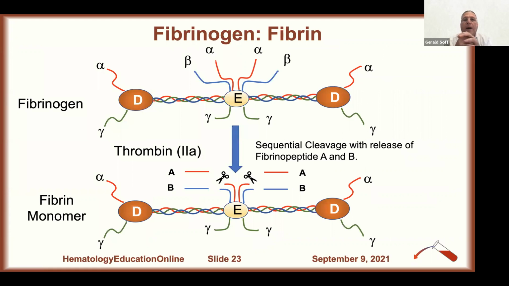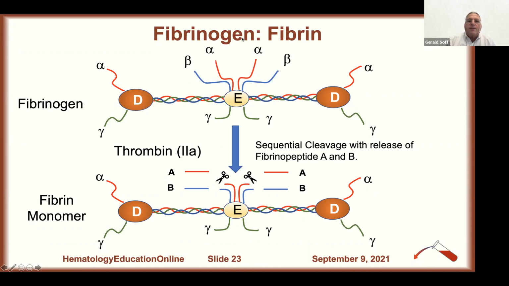At the other end, at the bottom of the coagulation cascade, we have the protein fibrinogen. Fibrinogen is a complex multimer of 6 peptide chains, 2 alpha, 2 beta, and 2 gamma, shown here in cartoon form. It's a long molecule with D domains at the ends and an E domain in the middle.